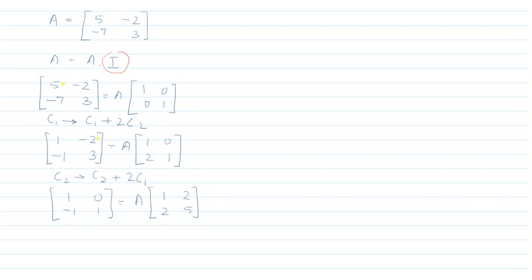And now moving on to the next step, we wanted to convert this element into 1, which is already 1 in this case. So the final step that we are left with is to convert this element into 0.